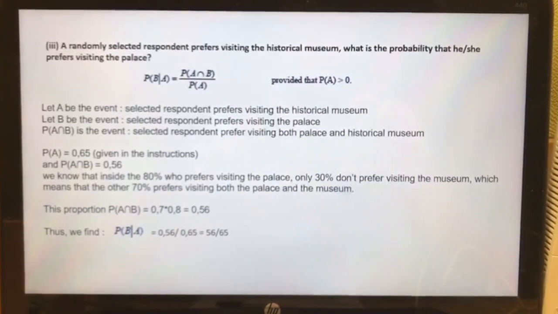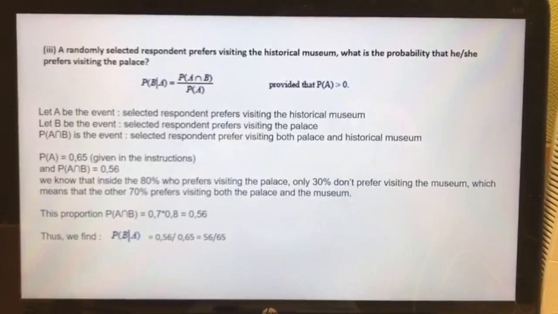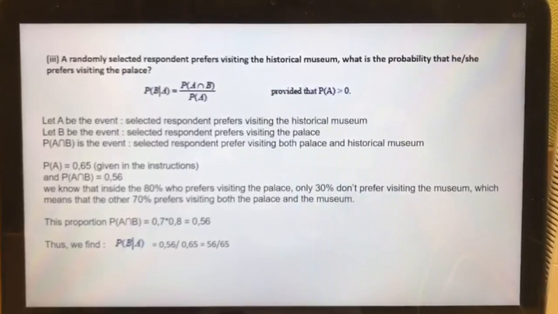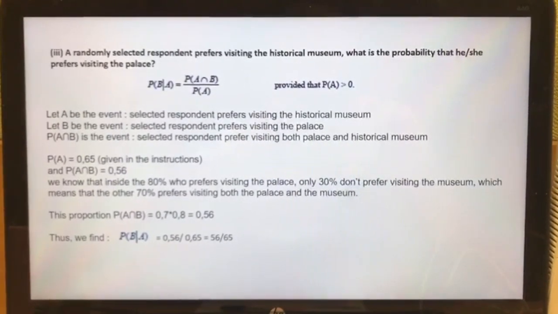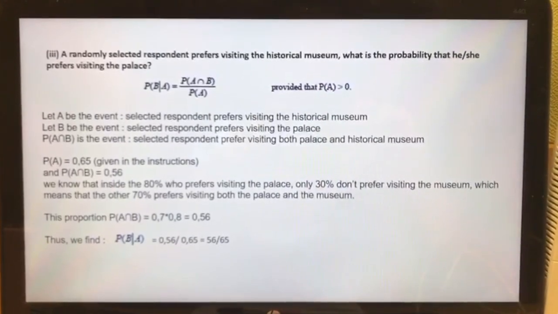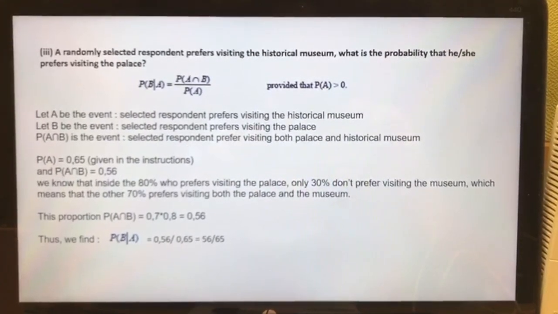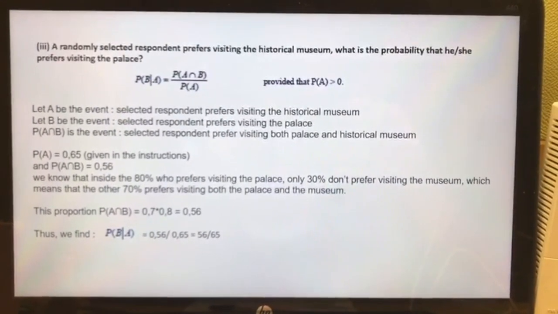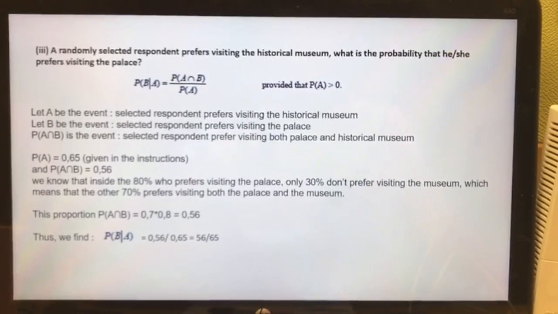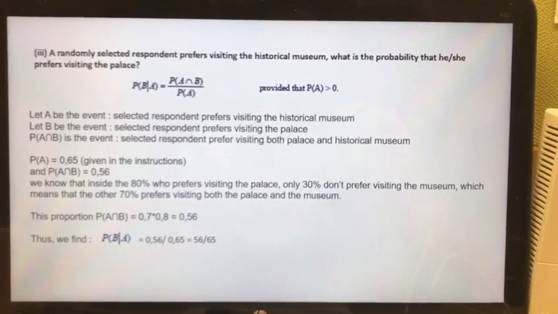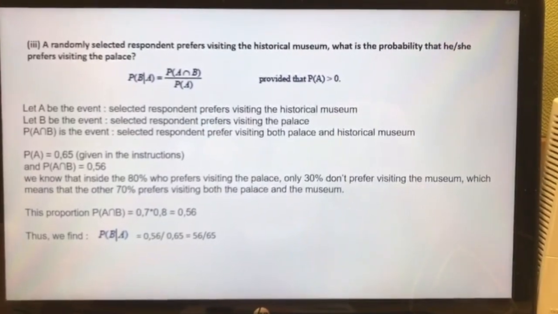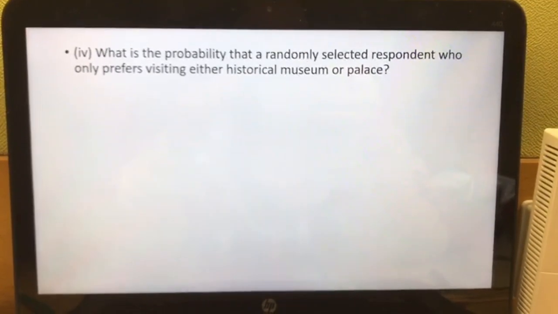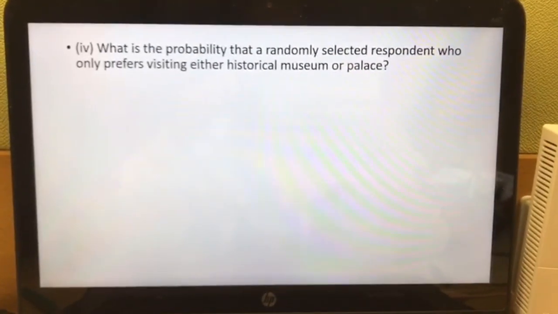The probability of A inter B is then 0.7 multiplied by 0.8, which leads to 0.56. Thus we find that probability of B knowing A is 0.56 on 0.65, which is 56 over 65.